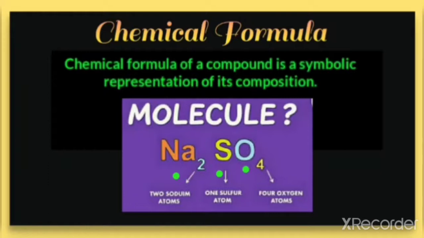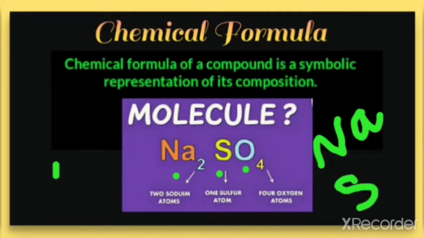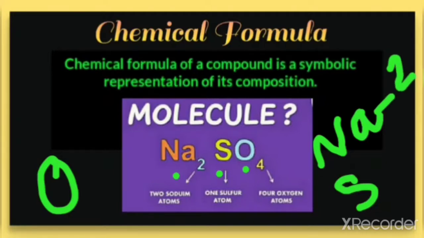Because here in this molecule there are sodium atoms, sulfur atoms, oxygen atoms. So instead of writing the names, we are writing the symbols for sodium, sulfur, oxygen. And we are also representing how many atoms are present: 2 sodium, 1 sulfur, 4 oxygen.